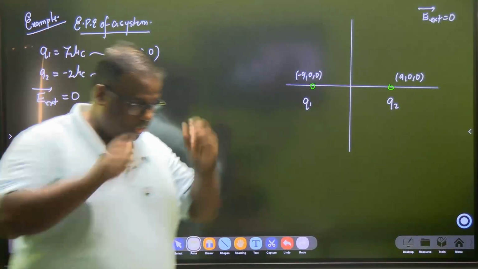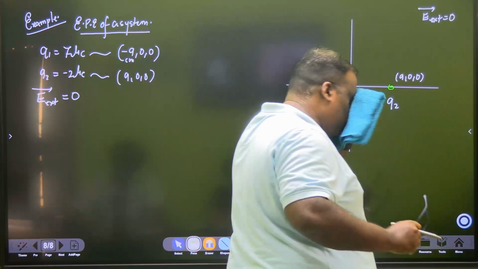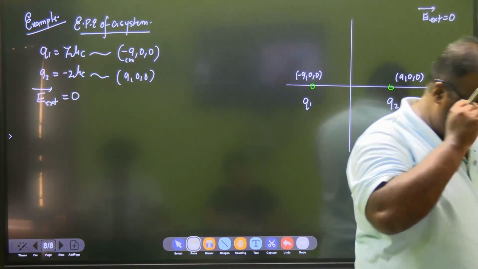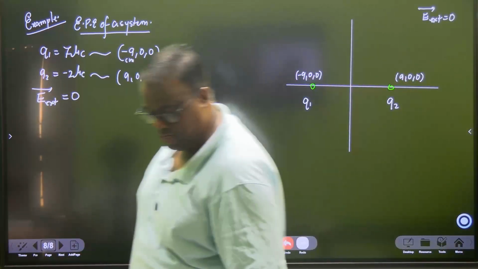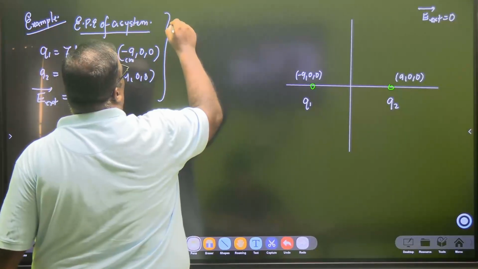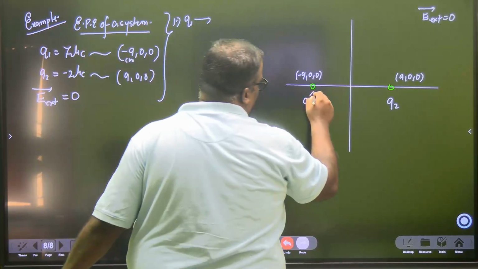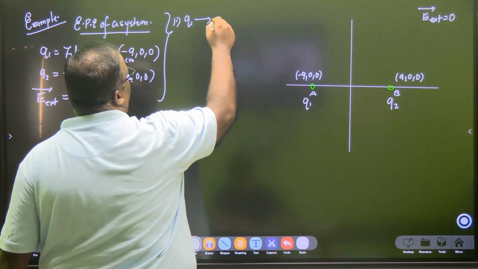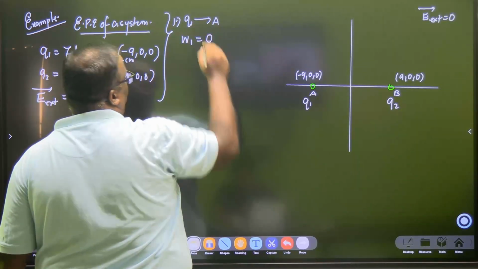So when you create this system, first what will you do? There is no witch now in this spooky house, so Q1 is the happy child who will come. Work done in moving Q1 is how much? 0, right? See, things are becoming so easy now. So we break it up into steps. Let's say this position is A and this position is B. First we bring Q1 to A, and the work done is equal to 0.